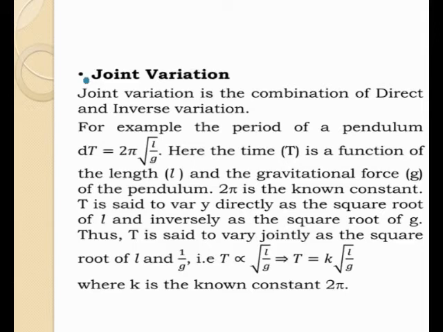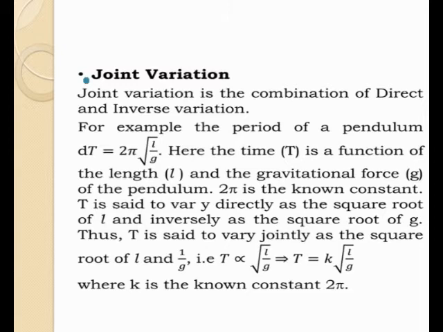T is said to vary directly as the square root of L, and inversely as the square root of G. Thus, T is said to vary jointly as the square root of L and 1 over the square root of G.